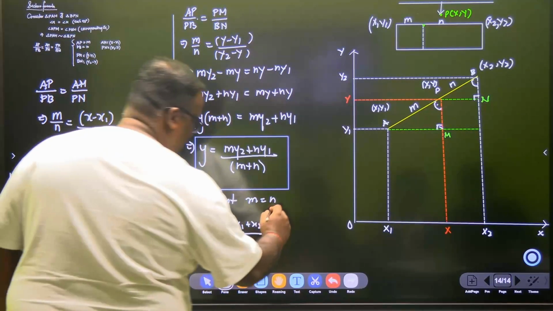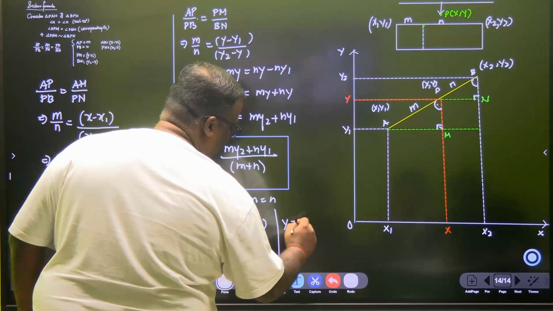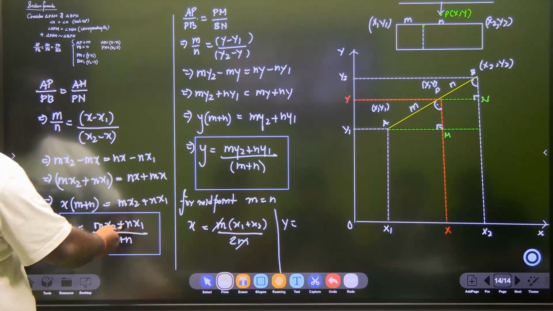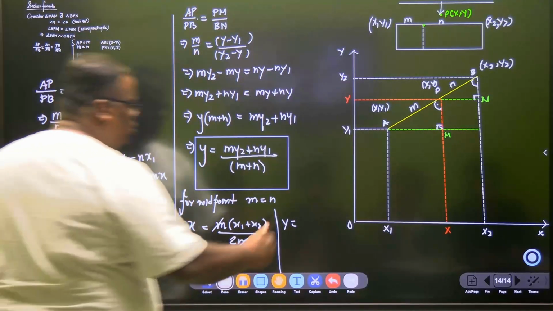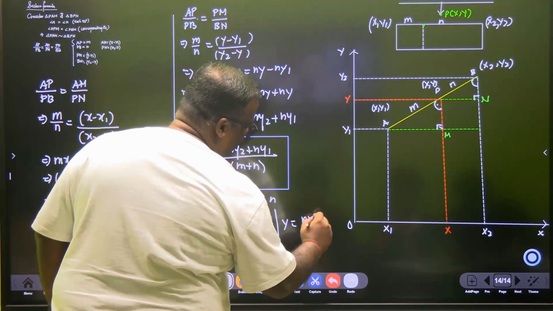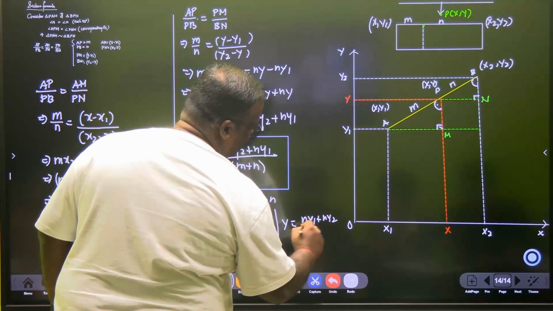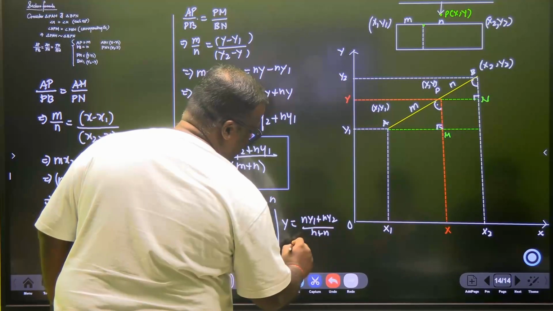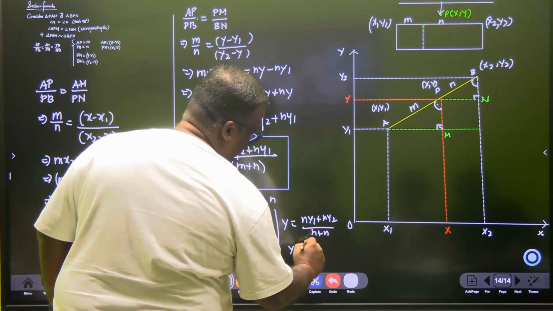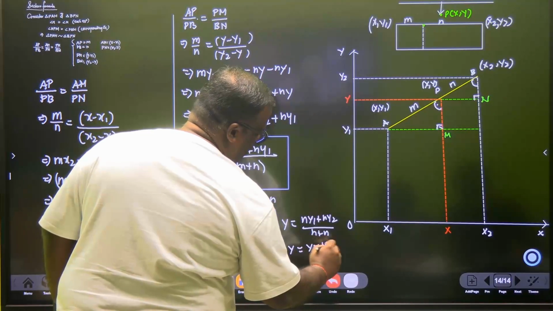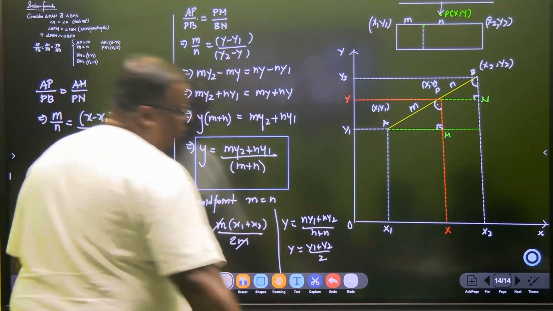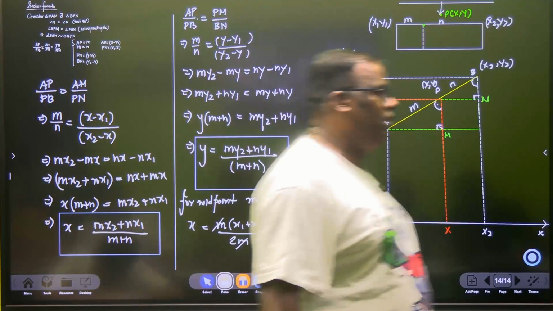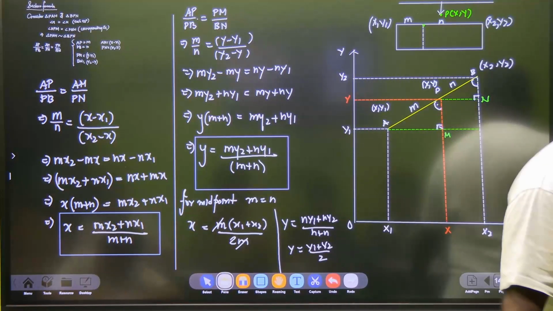Similarly, if you see the midpoint at y, here you can say, sir, let us take both equal to n. No issues. ny1 plus ny2 divided by n plus n. So you'll get what? Y is equal to y1 plus y2 divided by 2. So this is a special case. At midpoint, the special case becomes like this.